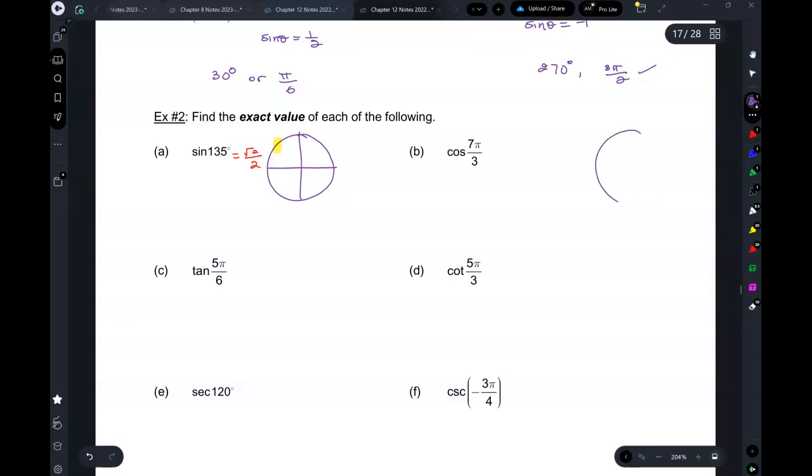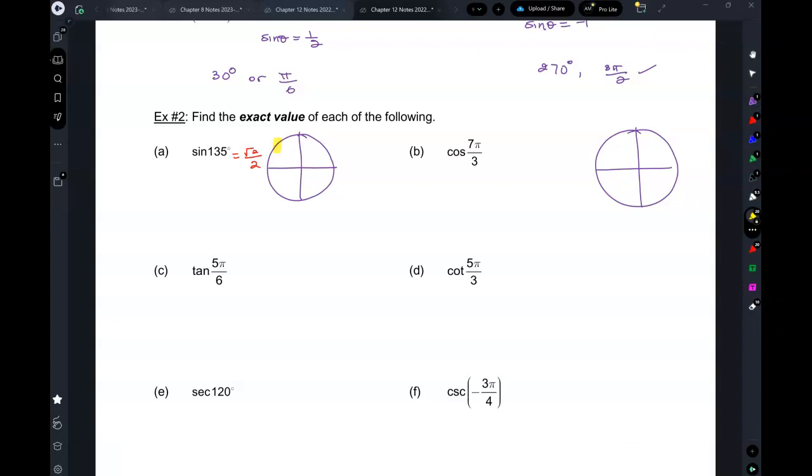Okay, 7 pi over 3. Which quadrant does that fall in? It is first, you're right. Okay, hang on. 7 pi over 3, what quadrant is it in? We said 1, right? So right there. And it's the pi over 3.